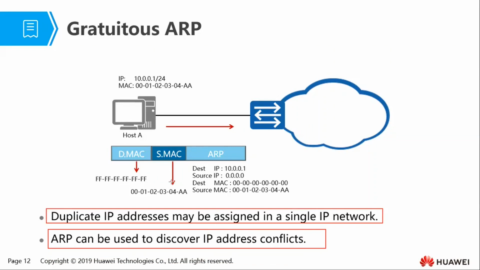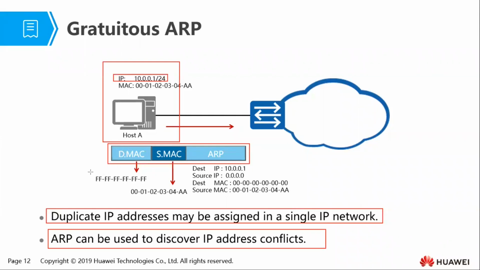So how does it work? Anytime you add a device to a network, you'll either configure an IP address manually on that device, or it will be issued using a server we call the DHCP server. There's a whole topic about DHCP we're going to learn. So once it receives that address, it's going to generate an ARP request message.